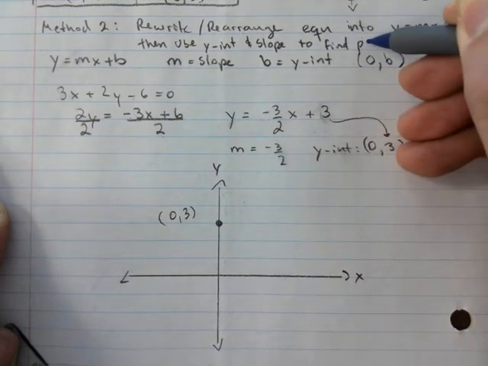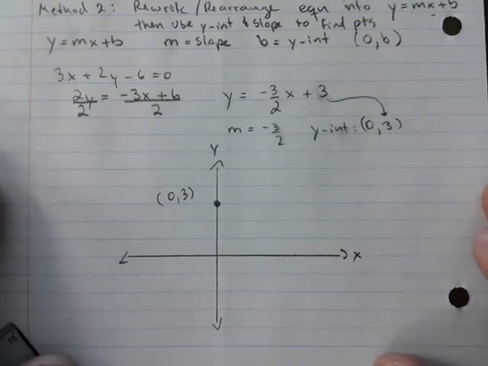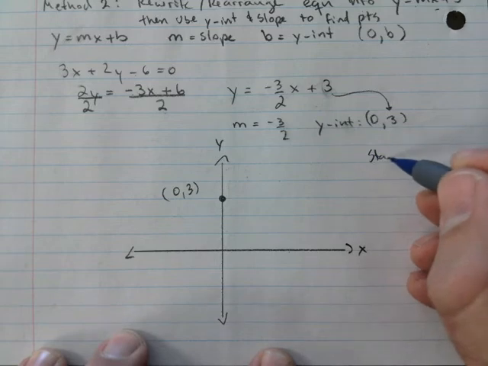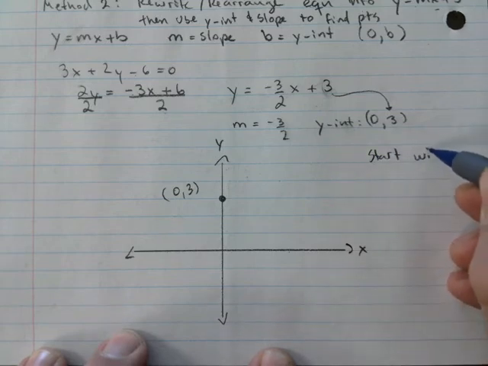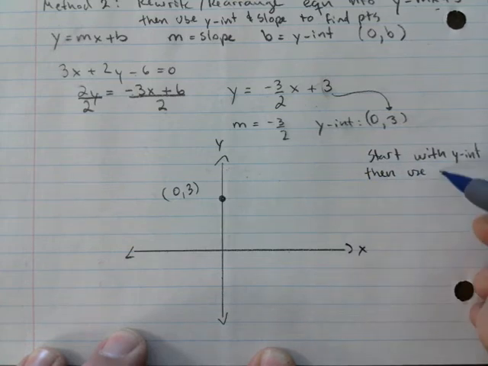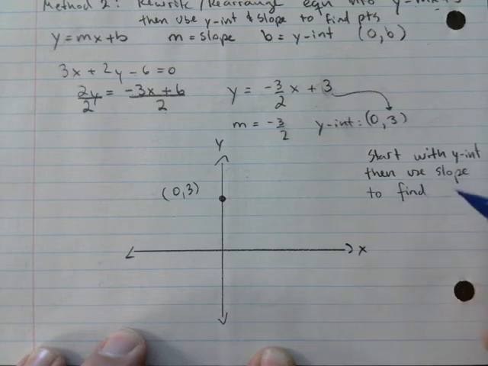Okay, here's what I'm going to do. If you don't have room, watch. I'm going to add here something right next to the graph. Ready? Start with y-intercept, then use slope to find more points.